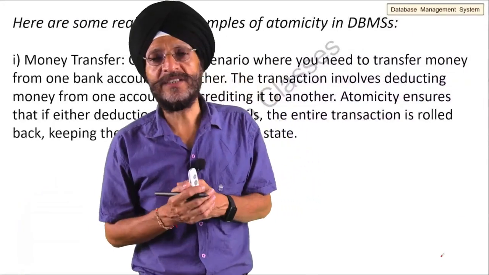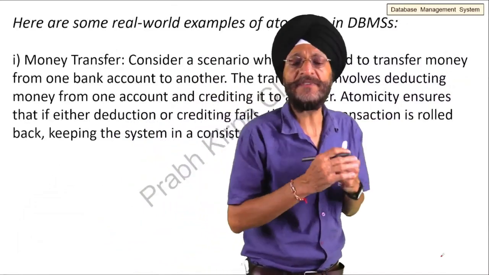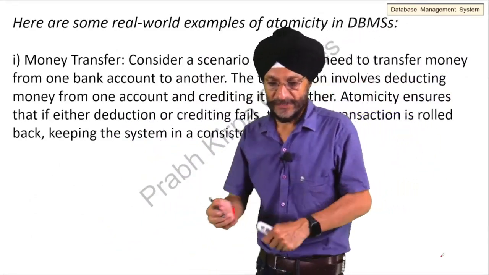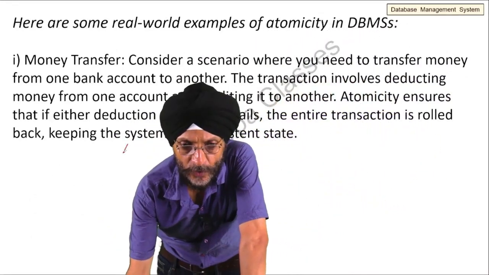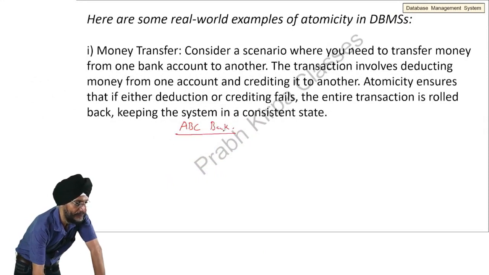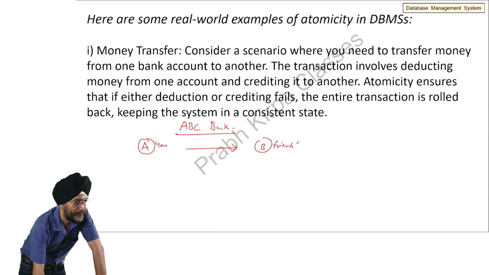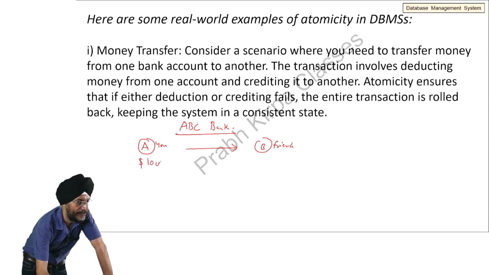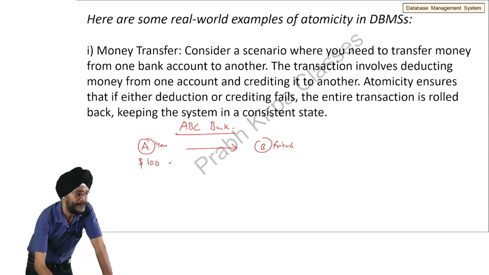Now we understand this concept of atomicity with the help of a few examples. Suppose you are having an account in ABC Bank. This is you, and you want to send money to your friend B. Suppose there are $100 present in your account.